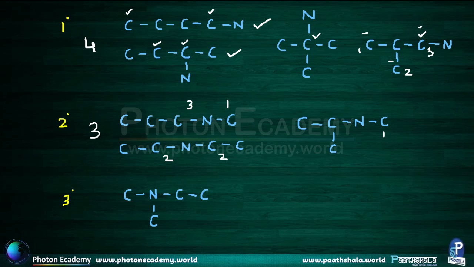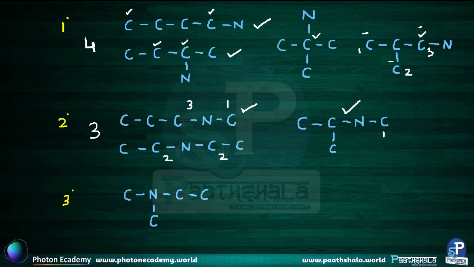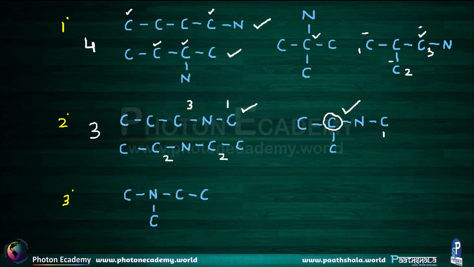If you look at this structure and this structure, you will understand the difference. Here the nitrogen atom is attached to the carbon atom located in the middle of the chain, and in this structure the nitrogen atom is linked to the end carbon of the chain. So for 2 degree amines, we have these three possible solutions.